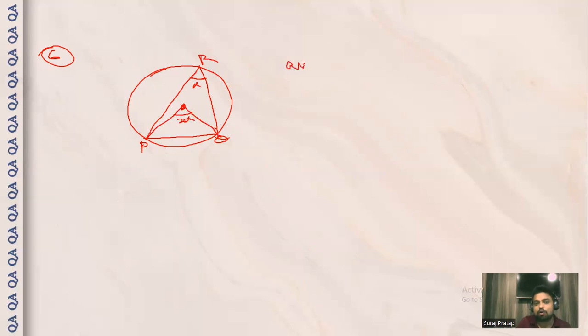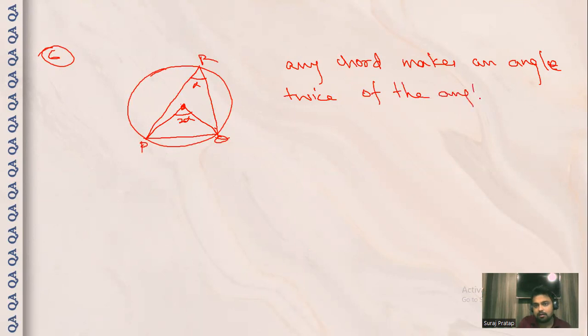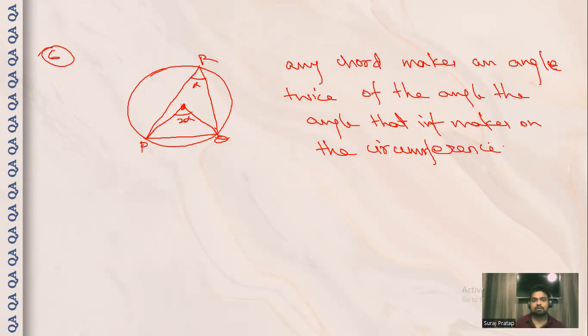So that means any chord makes an angle twice at the center of the angle that it makes on the circumference of the circle, right?